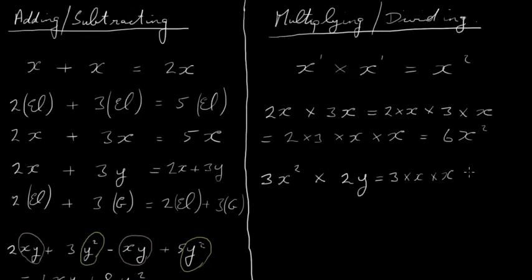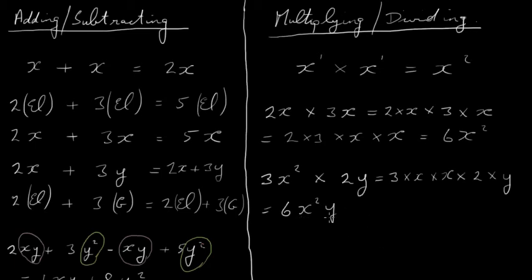Now you're multiplying all of this by 2 times y. So everything here is multiplied. So let's just do that out. Because multiplication is commutative, we can multiply this 3 by 2, and we'll get 6. We've got an x multiplied by x multiplied by y. Now x times x we know will give us x squared, and we're just left with our y here.